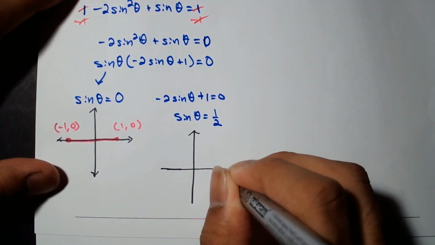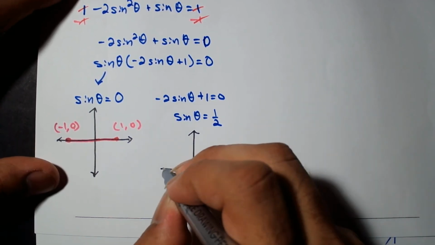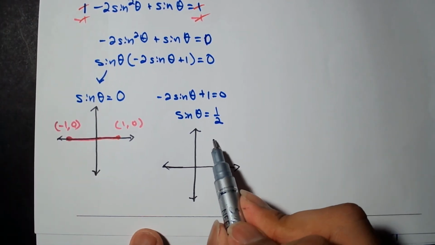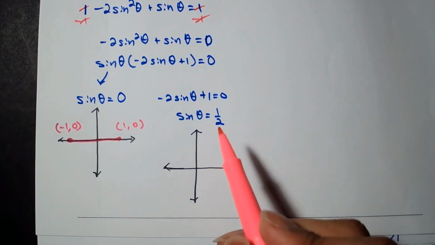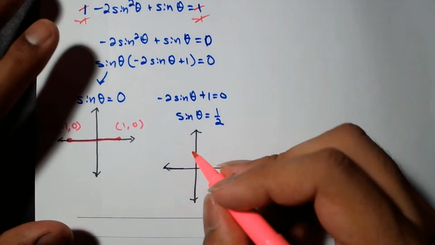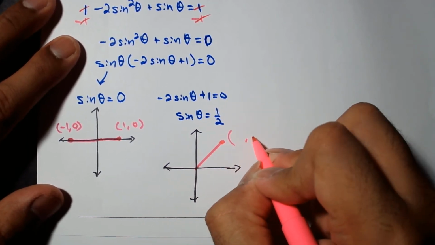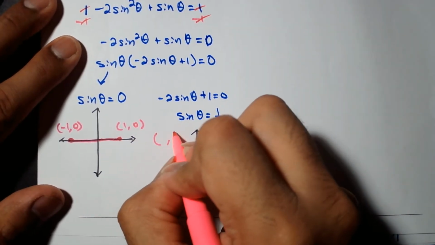Sine equals negative 1/2. Okay, actually positive 1/2. So sine is positive in the first quadrant and the second quadrant, and that's the y coordinate.